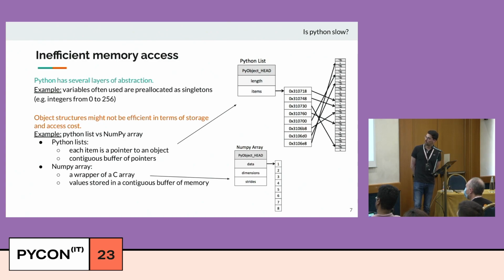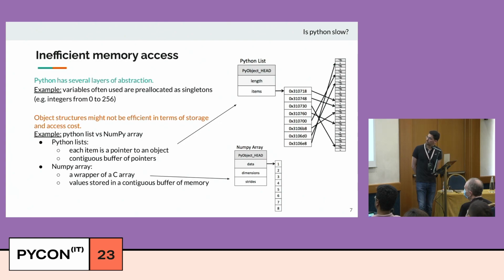At the same time, the very first data structure that you can think of, a vector, a list of numbers in Python, for example, is not implemented as a C array, as you might imagine. The object that most resembles a C array is a NumPy array, which is actually a wrapper around a C array, a contiguous memory buffer of values.